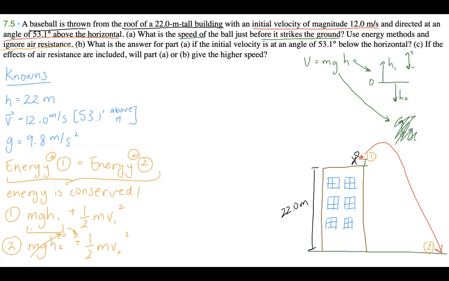Now let's go back to this point: energy at 1 is equal to energy at 2. If we want to find the energy at 2, it's in terms of v2.